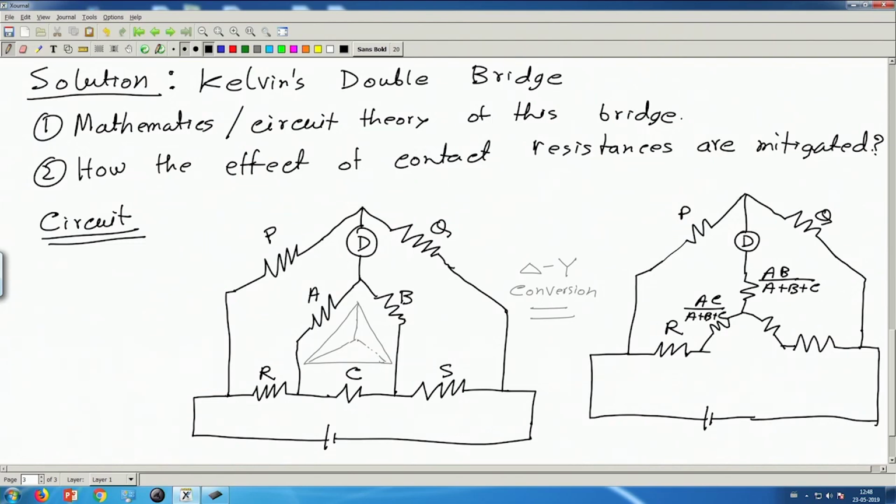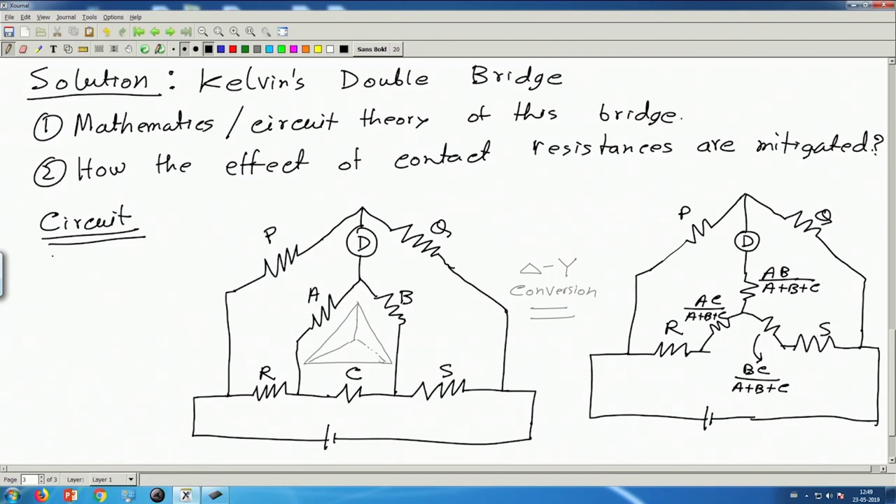So, this will be B C divided by A plus B plus C. Okay. And this is S. Okay. So, this is the equivalent circuit.